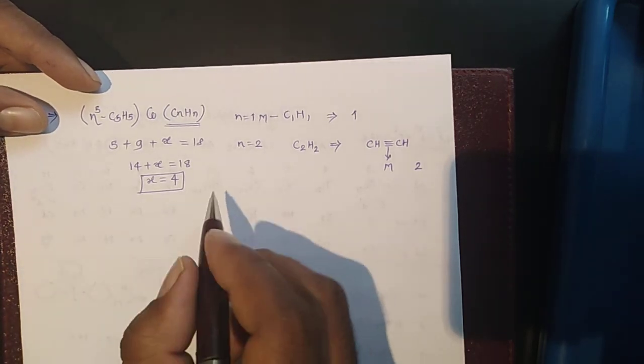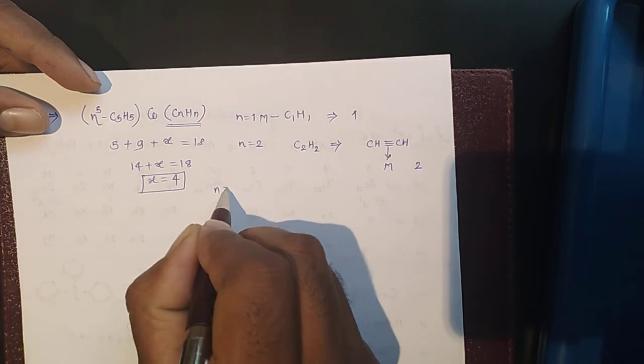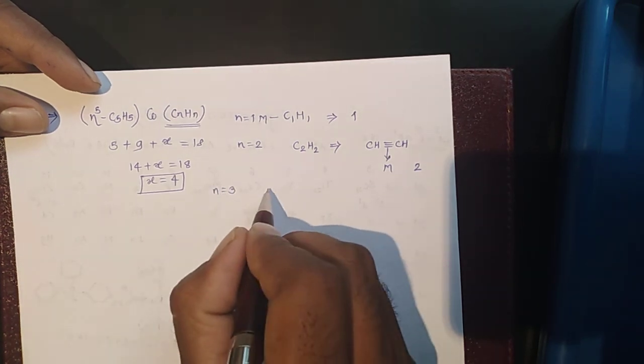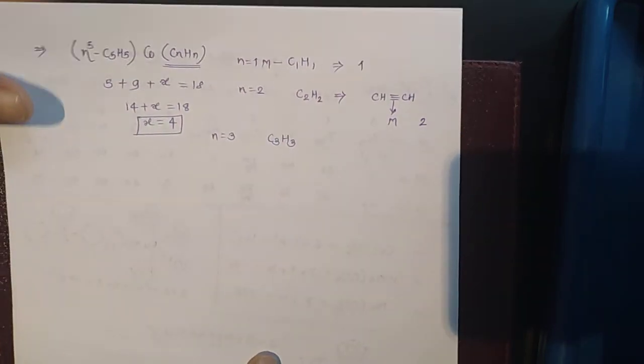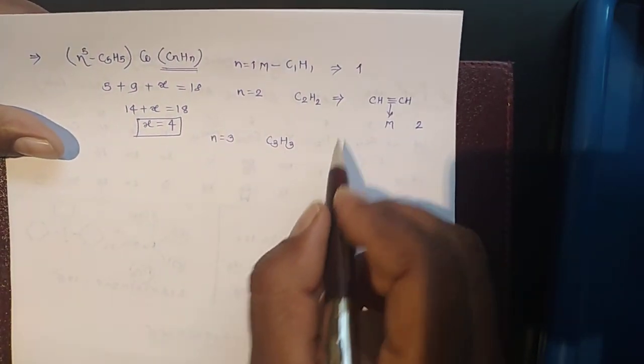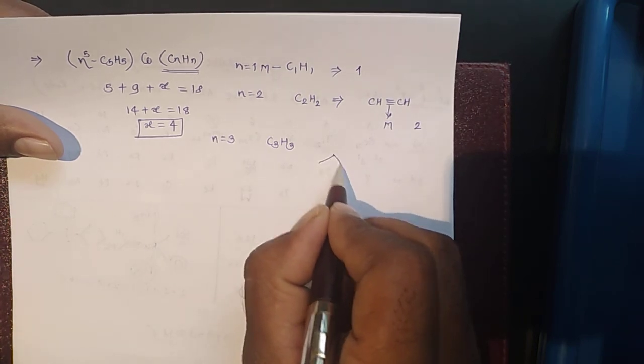Our target is to calculate 4 electrons. We will try for the next, which is n equal to 3, so the formula will be C3H3. How can we draw this? I think this is cyclic.